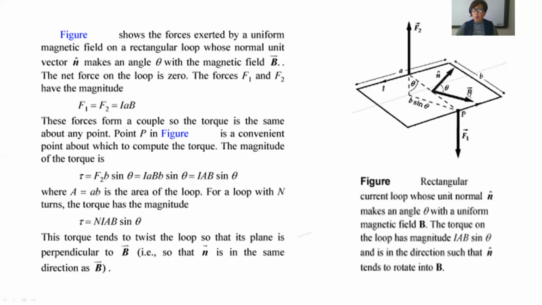The net force on the loop is 0, and the two force magnitudes are equal to each other, given by the electric current I, times one side of the rectangle, a, multiplied by the magnetic induction.